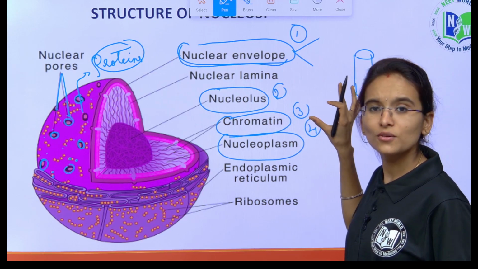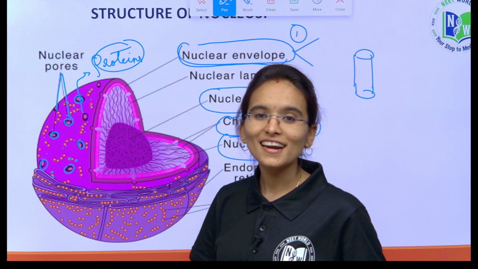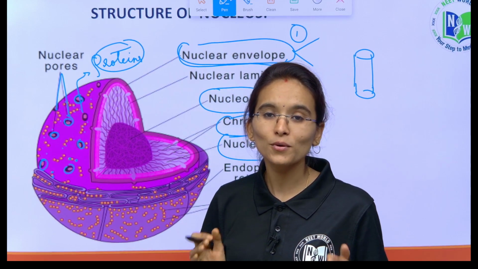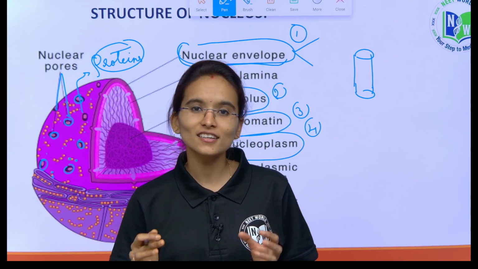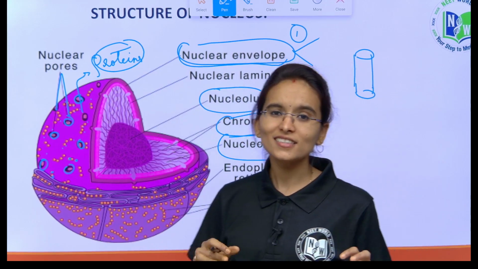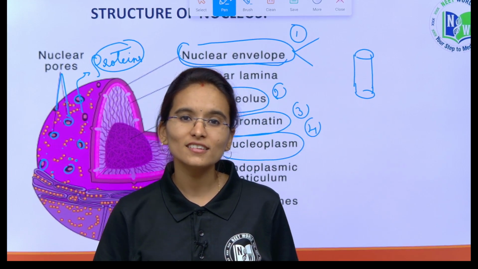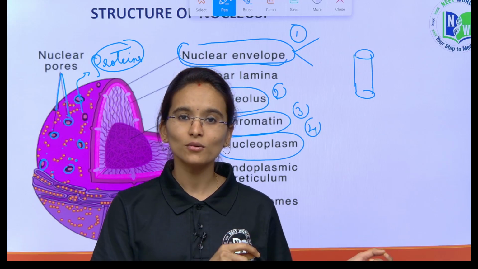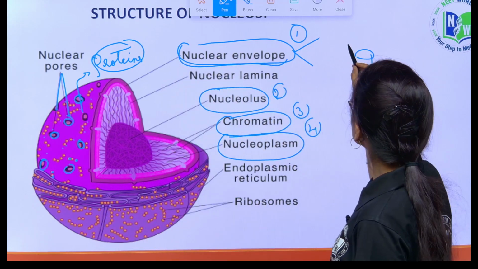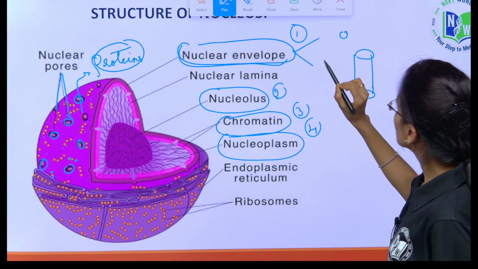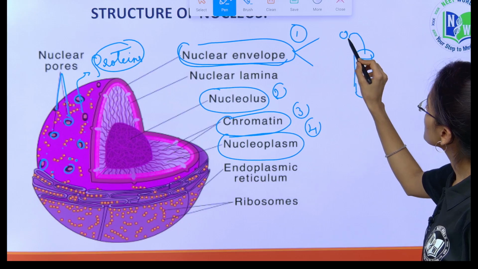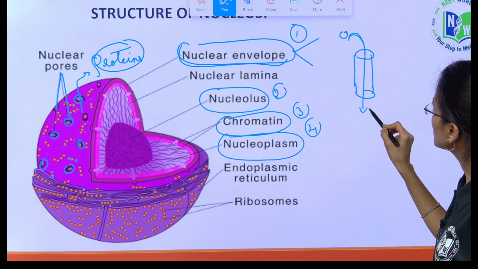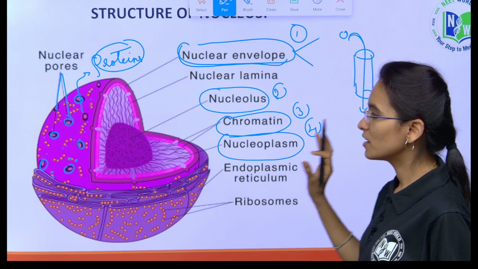So now these nuclear pores are involved in transporting substances like proteins from the external surface to the internal surface. See here, these are the proteins which are going to be transported from the outer side of the envelope to the inner side of the envelope.